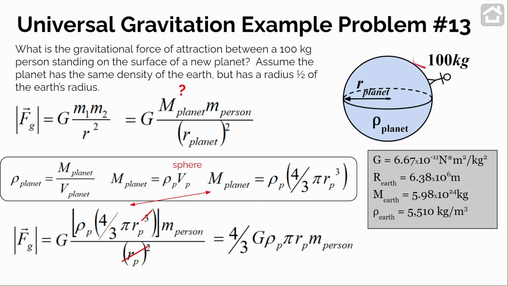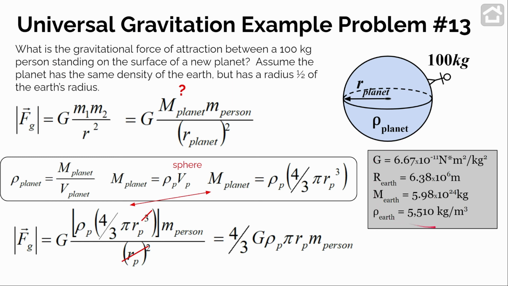Well, if we had a 100-kilogram person standing on the Earth, gravitational field strength of the Earth more precisely is 9.8 newtons per kilogram, we would expect that the gravitational force, or their weight on them, would be 980 newtons. So we would expect the weight on the new planet to be about 490 newtons. That's half of 980.